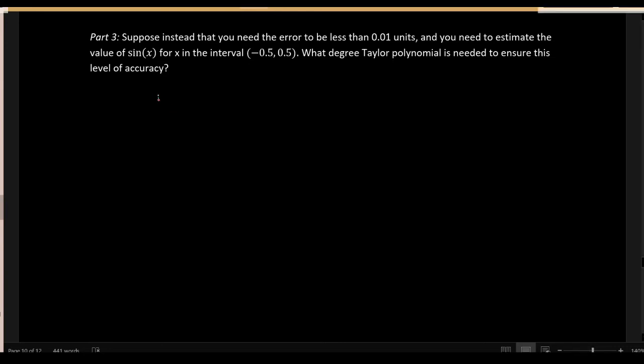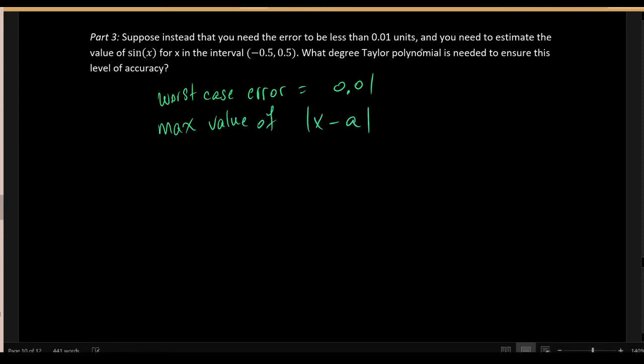So we're told that the worst case error is going to be 0.01. And we're also told the max value of the distance between x and the center. In this case, our interval is showing us that we can be 0.5 units away from the center at a equals 0, either in the positive or negative direction.